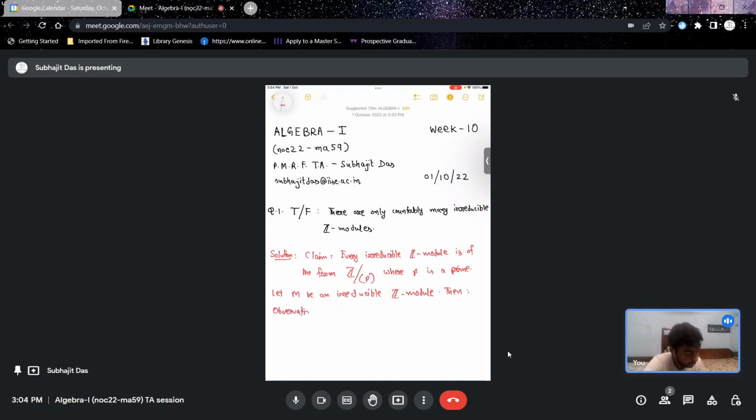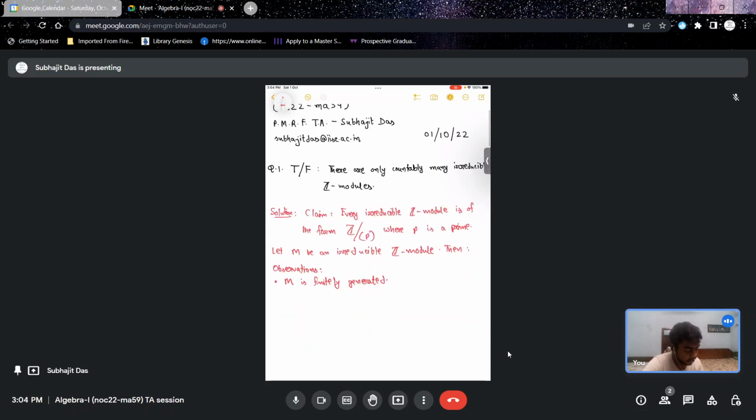The first observation is that M is finitely generated. Why? Assume M is not finitely generated, then we can take any non-zero element in M and take the submodule generated by that. That will neither be trivial nor be the whole M, which would contradict the fact that M is irreducible. So M must be finitely generated.